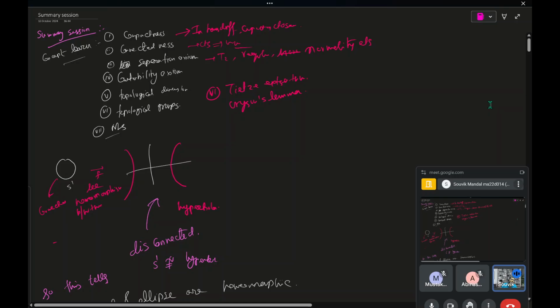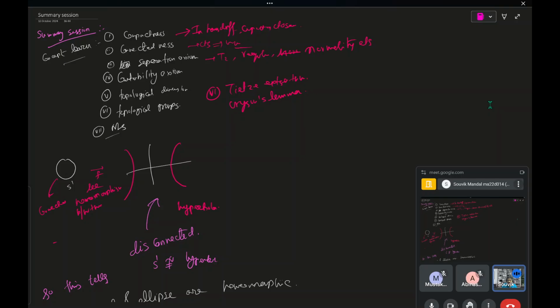And one more thing is that in the exam, if some question comes regarding homeomorphism, like the ellipse and circle homeomorphism we saw today, that can be seen directly, but it's quite difficult to prove.